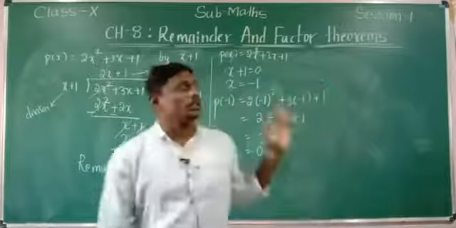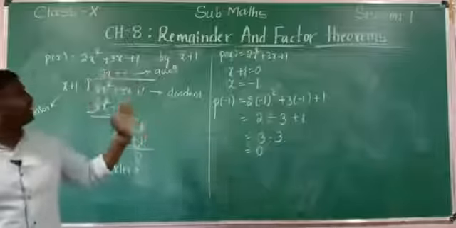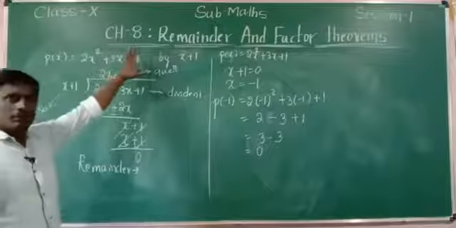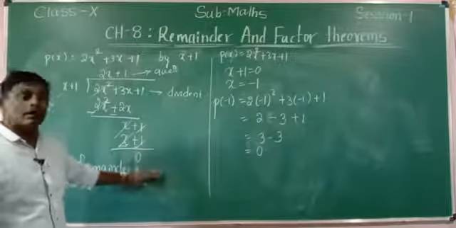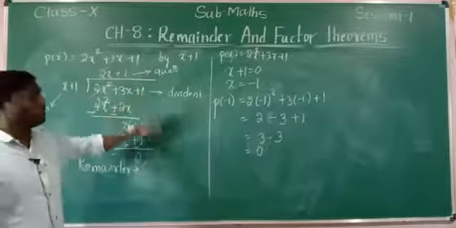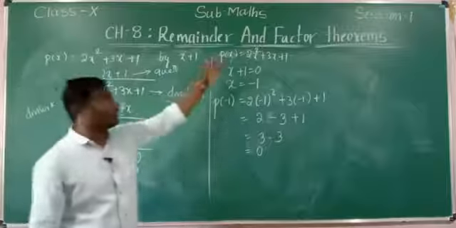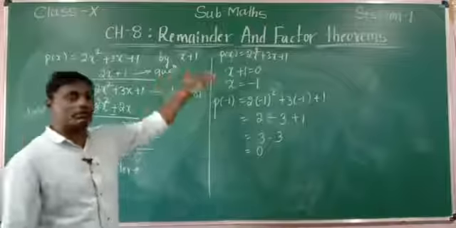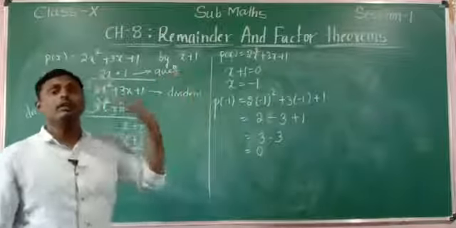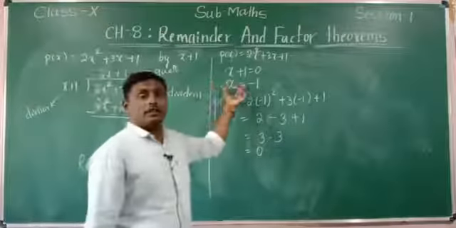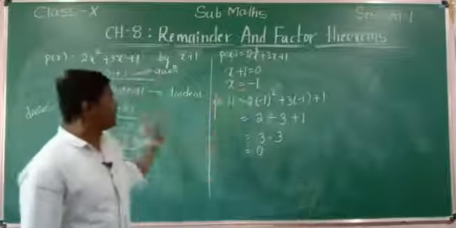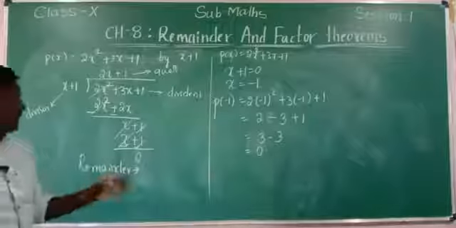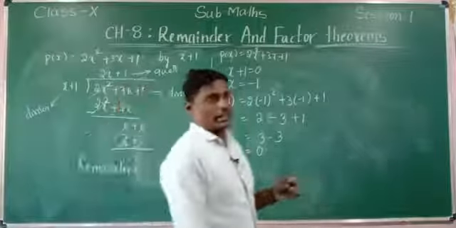So these are the two methods to find the remainder of the given expression. First one is by using the division method, and the second one is by the standard method of substituting the value from the given factor into the given expression.